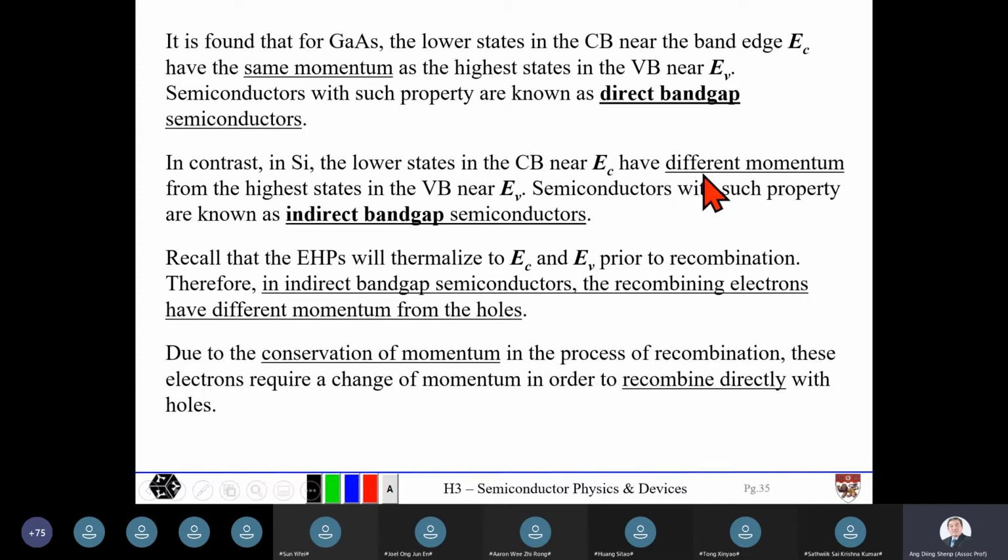So the electron momentum needs to be changed and conservation of momentum has to be obeyed. There must be a third party present to help the electron change its momentum. This third party is actually the vibrating atom. Because of that interaction, the excess energy is converted into heat, not light.